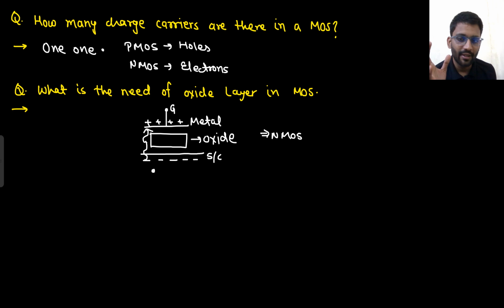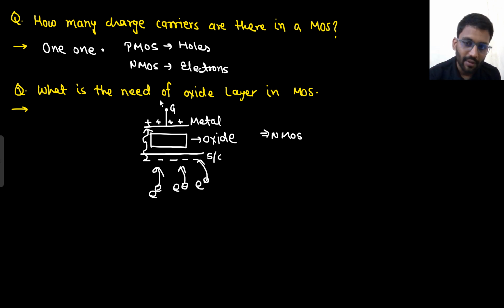Because the battery is supplying electrons, and then all the electrons would have reached this metal plate. They wouldn't accumulate near the semiconductor, they wouldn't accumulate in the channel. They would have reached the metal.